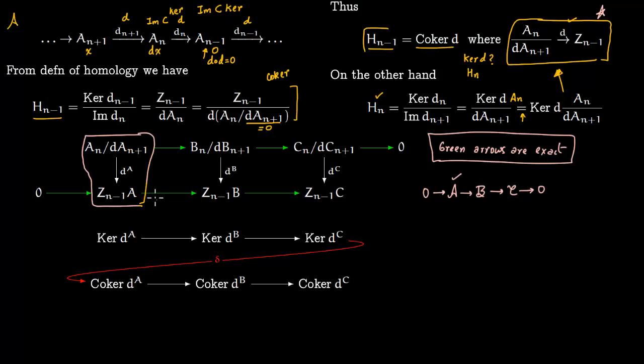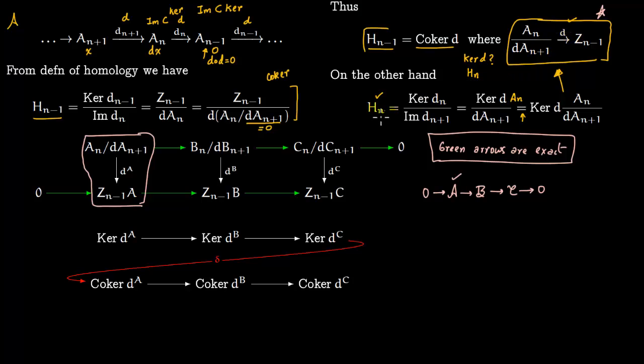Now if this is true, then you can use your snake lemma. That means kernel of d_A, kernel of d_B, kernel of d_C to cokernel of d_A, cokernel of d_B, cokernel of d_C, with corresponding maps. So you get this. But notice that d_A is this d map here.